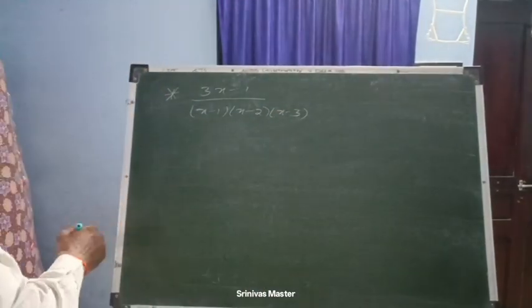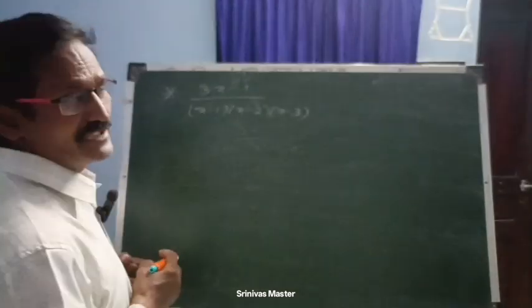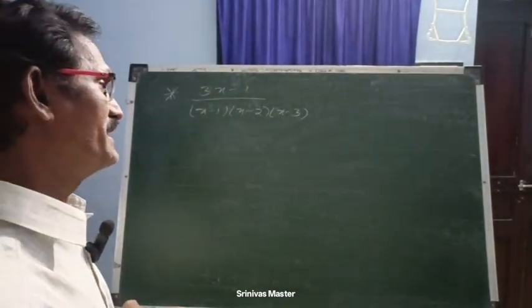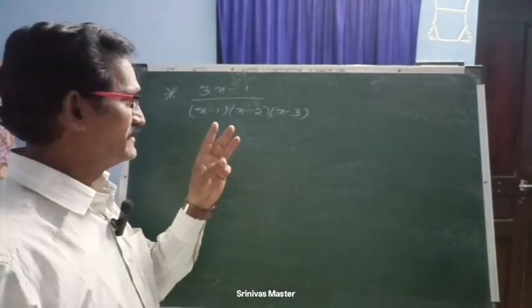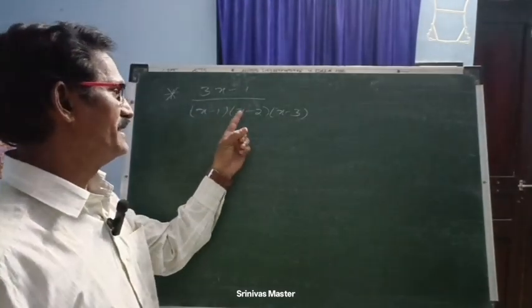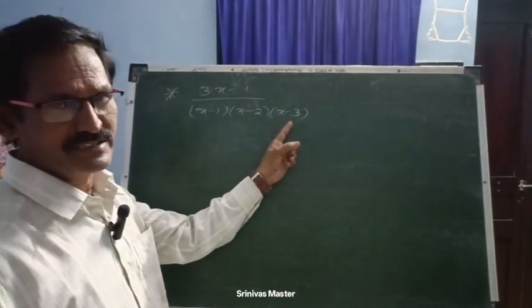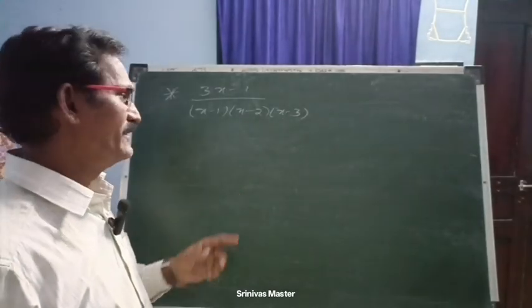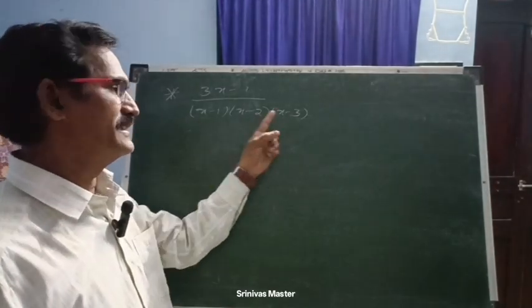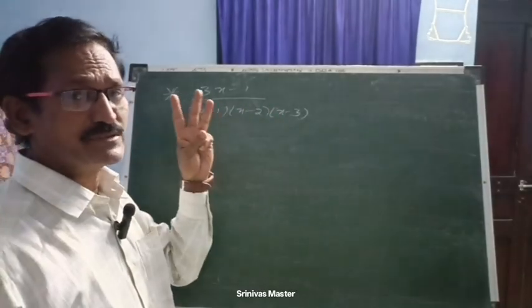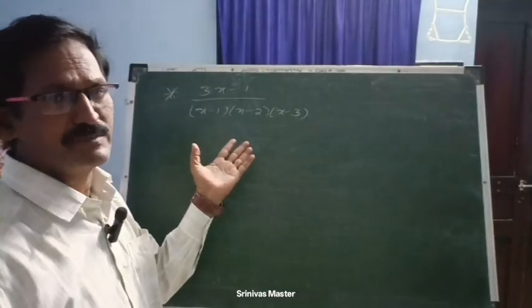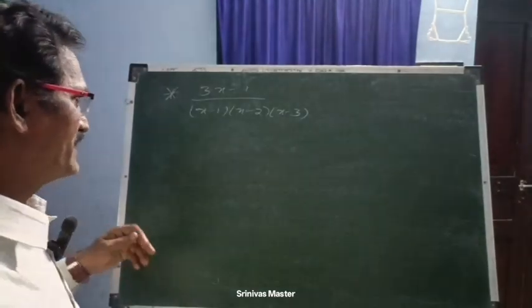See here, how many terms are there in the denominator, children? There are 3 terms: x minus 1, x minus 2, x minus 3. Every term is a linear polynomial, you know that. When all these 3 are linear polynomials, how many real numbers will we get? 3 real numbers. So with respect to 3 real numbers, we can split the partial fraction.